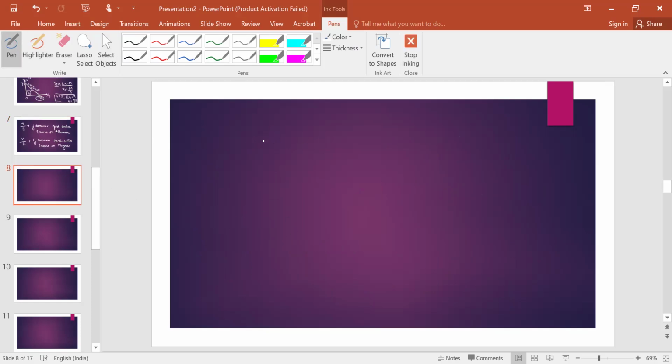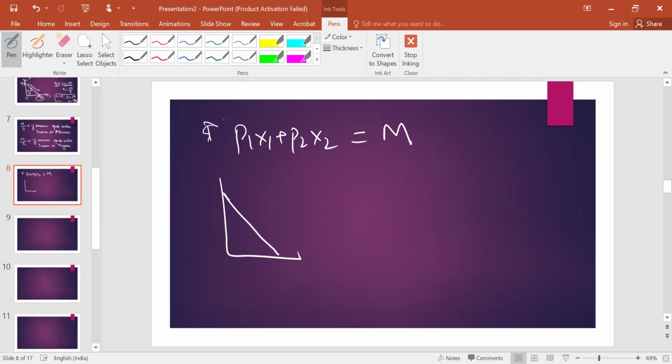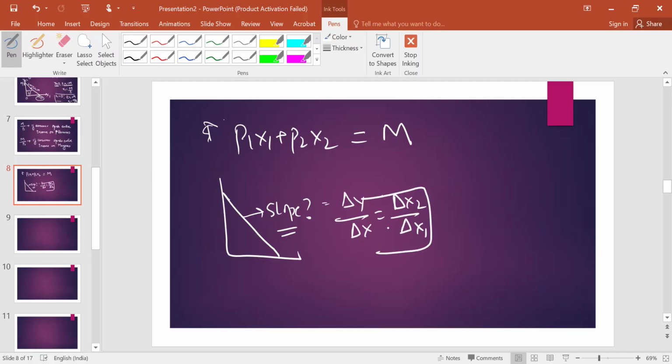Now, if I mention the equation again, P1 x1 plus P2 x2 is equal to M. If I want to know the slope of the budget line, how do we calculate that slope? The slope is basically delta y by delta x, or delta x2 by delta x1.